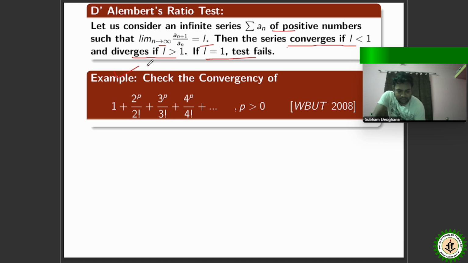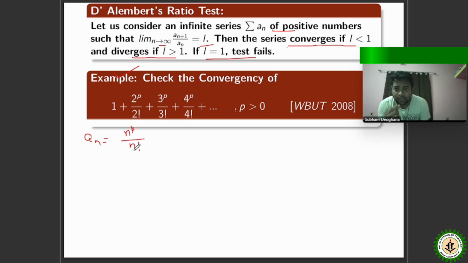Okay, let's try to solve this. Try to find the nth term. an is equal to n to the power p by n factorial. If we put n equal to 1 here, we get the first term.